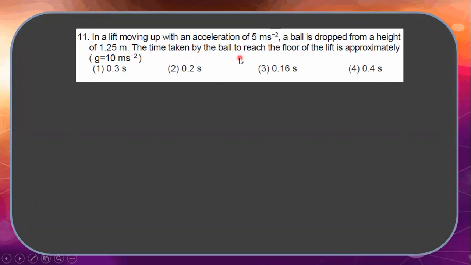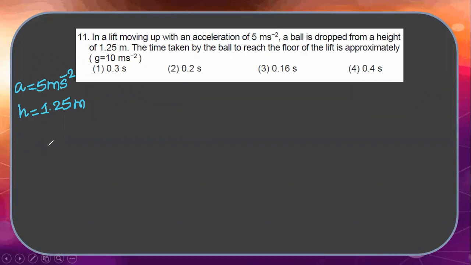The time taken by the ball to reach the floor of the lift is approximately what, if the acceleration due to gravity is 10 meters per second square? They have asked for the approximate time taken by the ball to reach the floor of the lift.